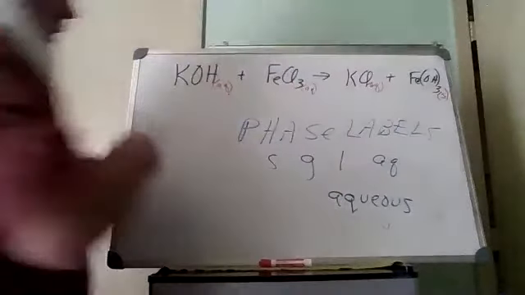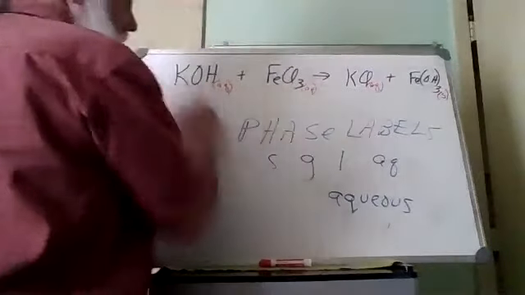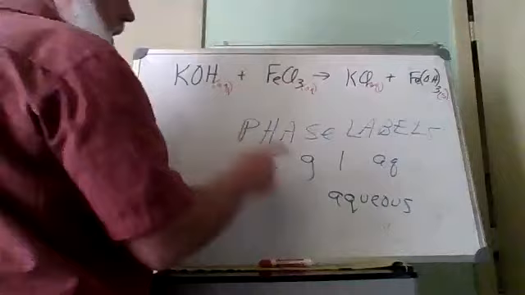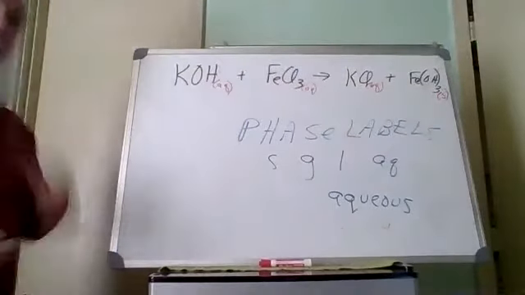Notice the iron hydroxide is solid. The other three chemicals, the potassium hydroxide, the iron chloride, and the potassium chloride, are all aqueous. That means they are dissolved in water.